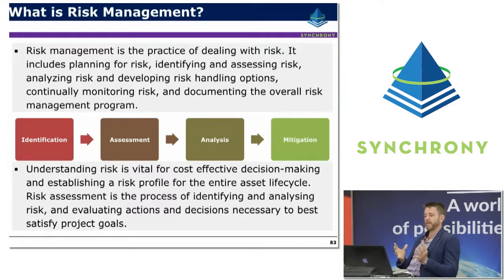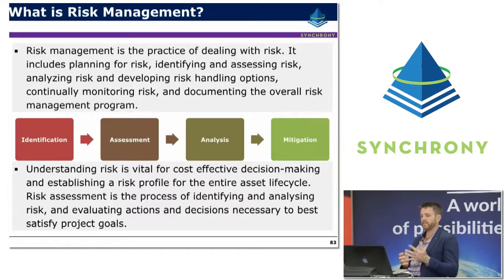So it's shown schematically here as a series of phases: identification, assessment, analysis and mitigation. That cycle or analysis process happens continuously throughout the project, and it's really a vital aspect of cost management and earned value management as well.